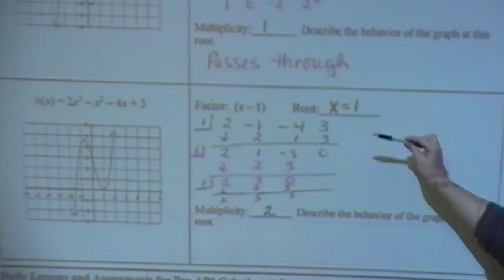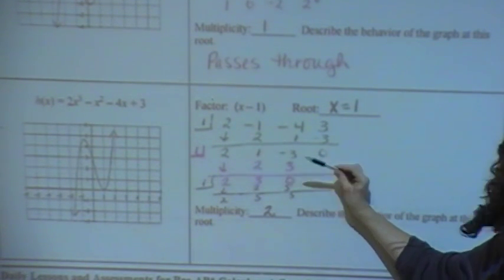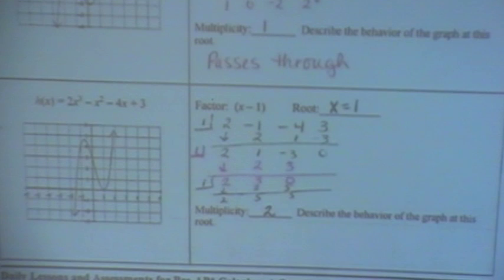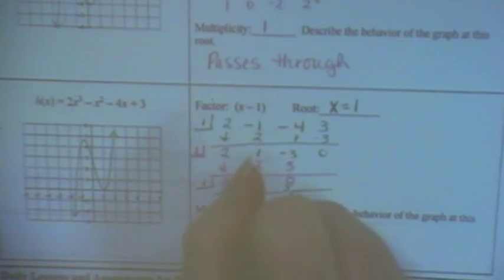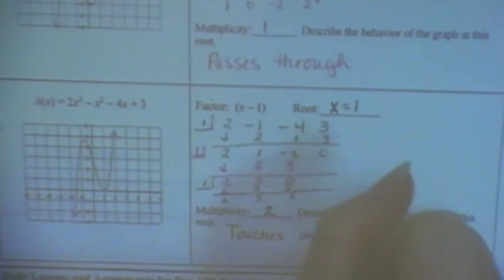Okay, so it worked the first time. It worked the second time. I went ahead and tried it a third time just to be sure. It did not work the third time. So it has a multiplicity of 2, touches and turns on the graph.